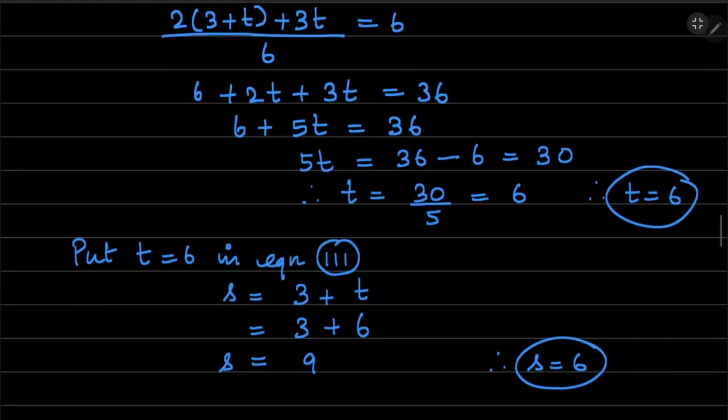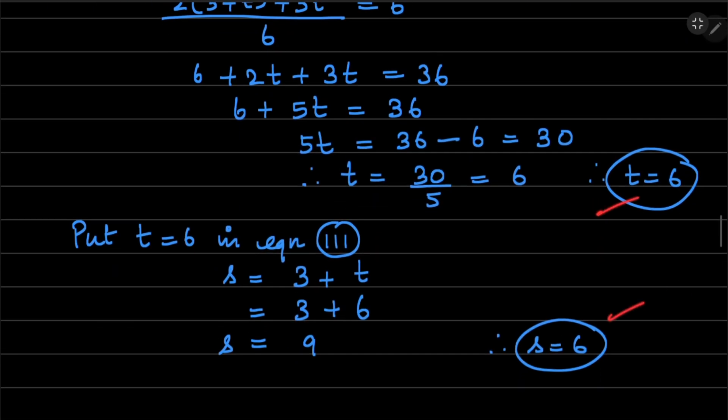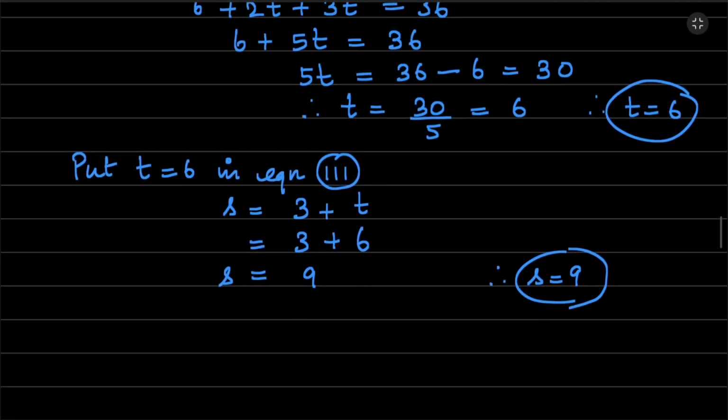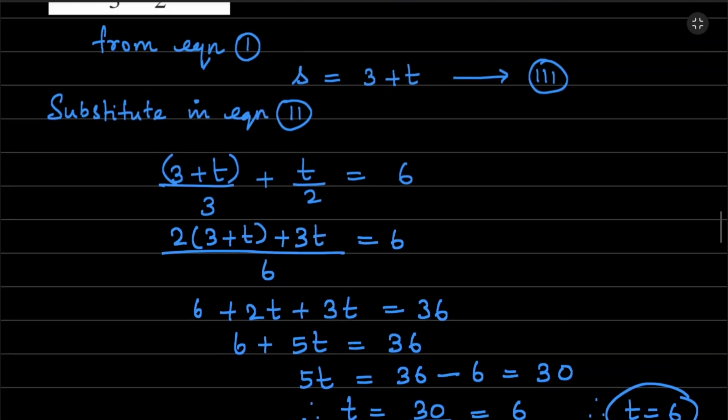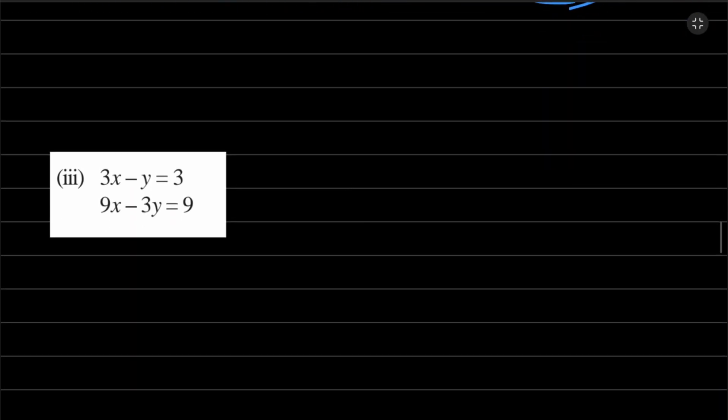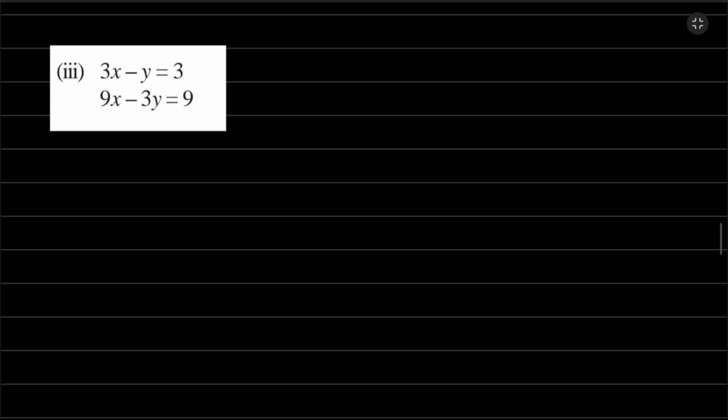So s is equal to 9 and t equal to 6. These are the final values. And we are specifically using the substitution method in order to get to the solution. Moving on to the third question.